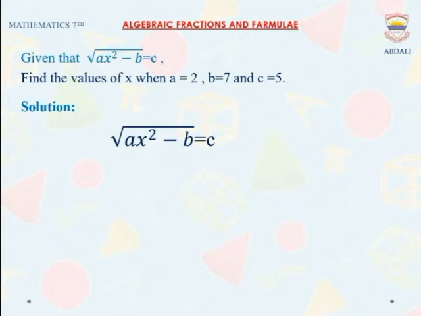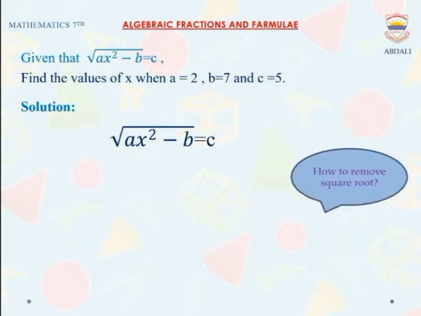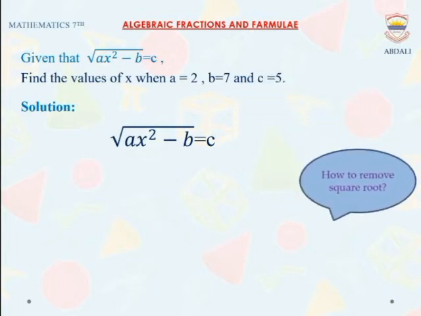So here a question will arise: how to remove square root? Yes, to remove square root we have to take square, and to remove square we always take square root. These are the opposite of each other.